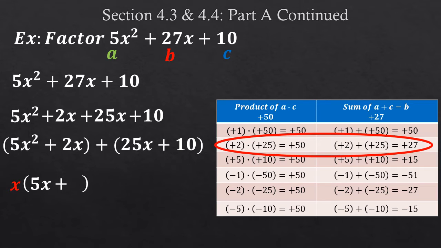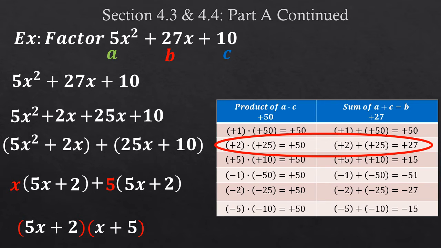I'll be left with 5x plus 2, plus the GCF for the second two terms will be 5, but no x's because there's not enough in common to take out any. If I take a 5, I'm left with, again, 5x plus 2. Step 3 says if there's a common binomial factor, factor that out, and what remains is put together, which is the x plus 5 will go together.